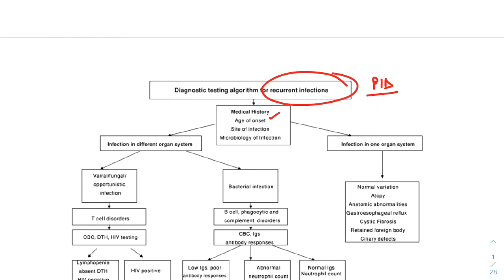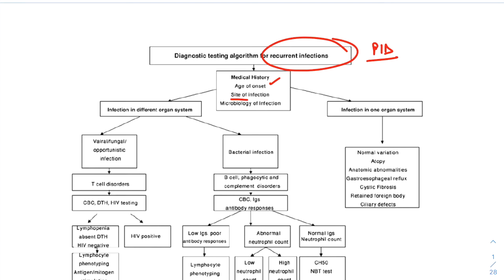Now, we will look at the site where the infections are recurring. If there is recurrence of infections at a single site, that is, one organ system is involved, it can be a normal variation, or it can be because of atopy, like in recurrent sinusitis.